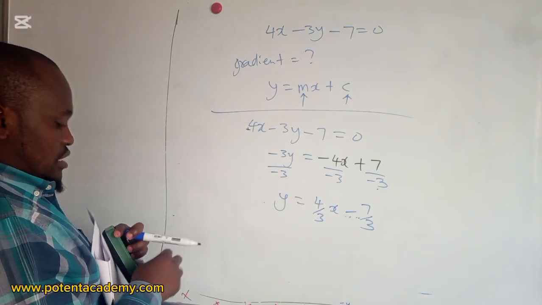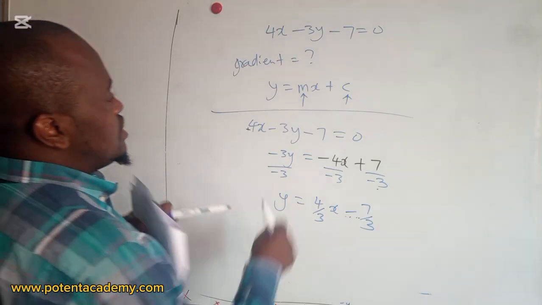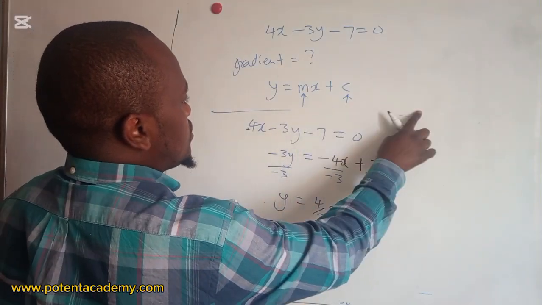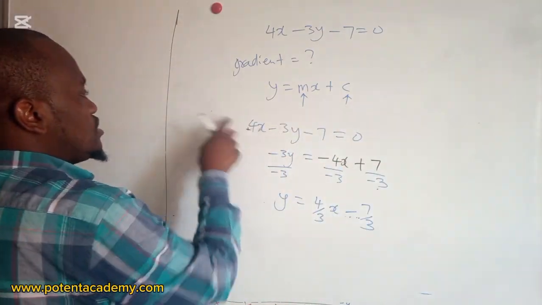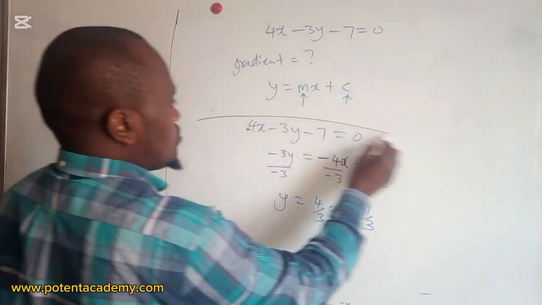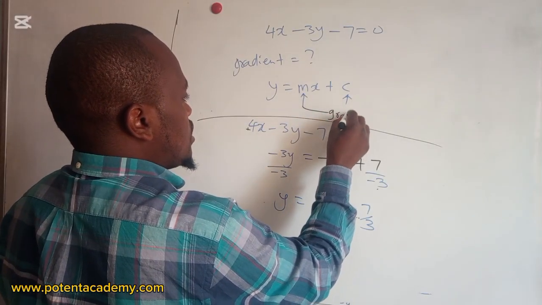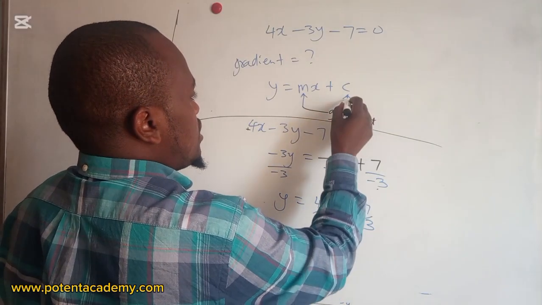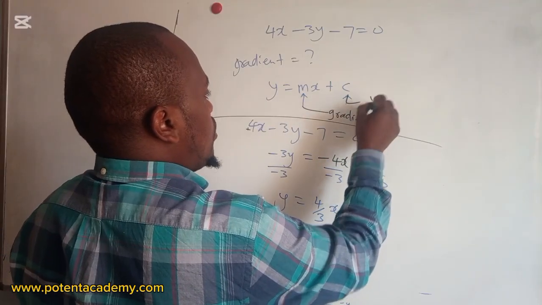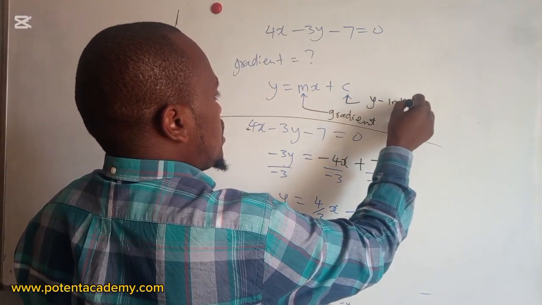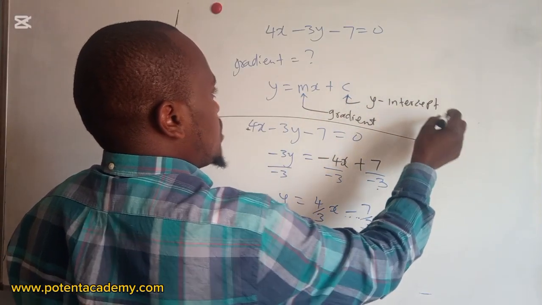When you do that, this m is the gradient. This is the y-intercept. What's the y-intercept?